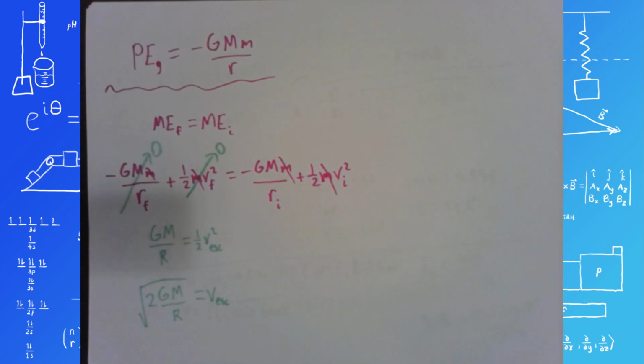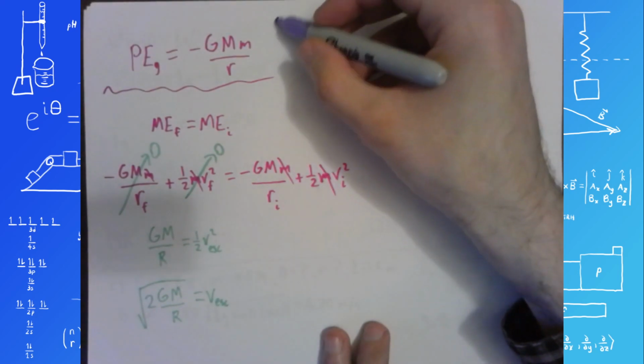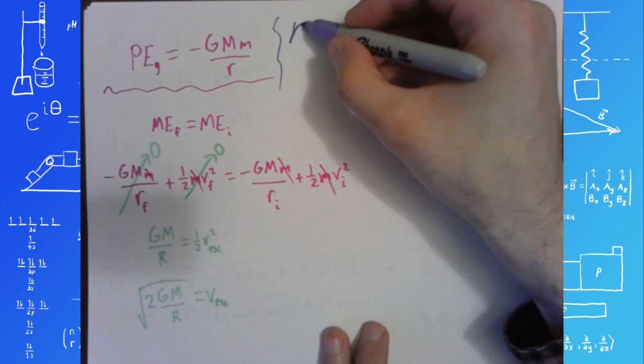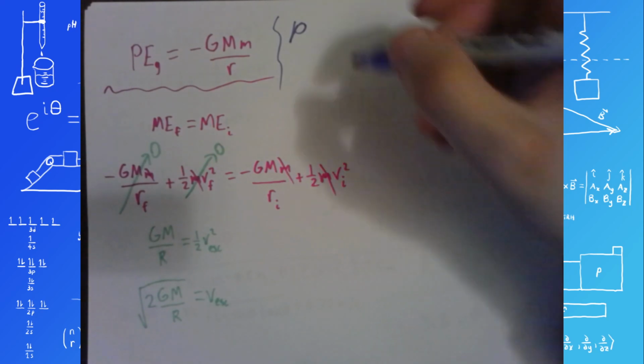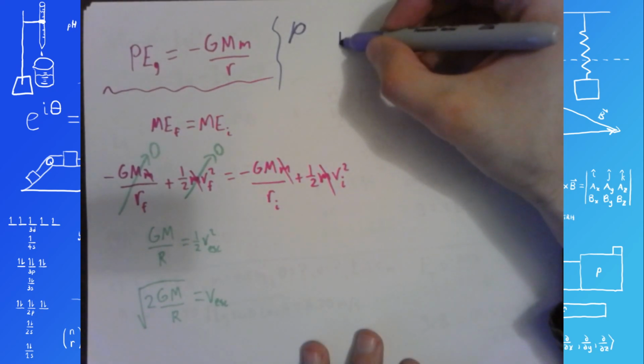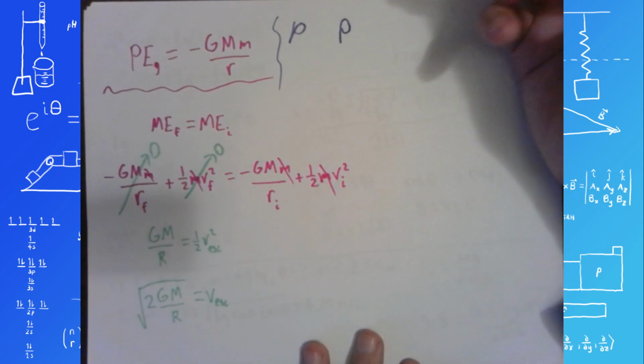If the planet has uniform density, if we know what that density is, let's call that density rho, Greek letter rho. I know it looks like a P, but at least I try to slant it when I write it. I know in some textbooks it doesn't look that way.